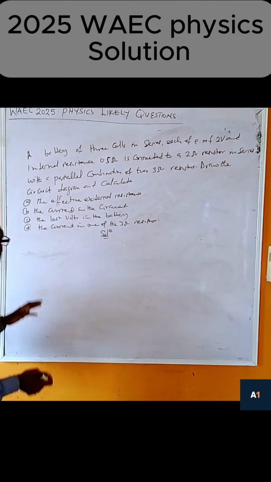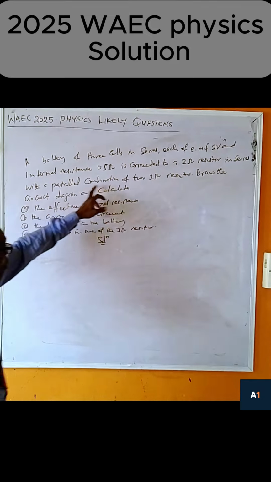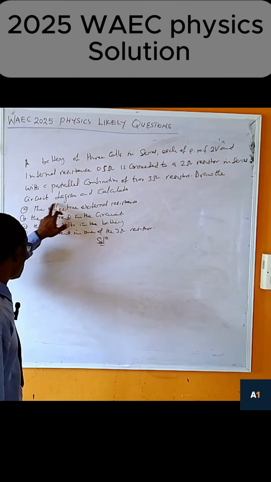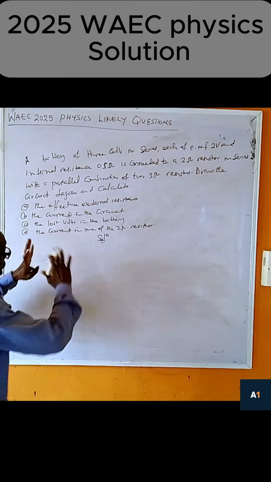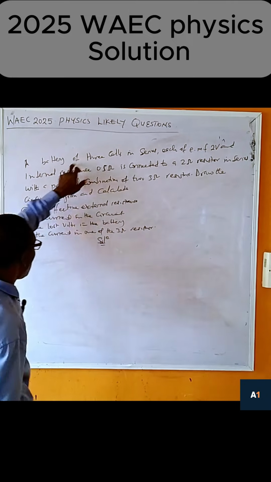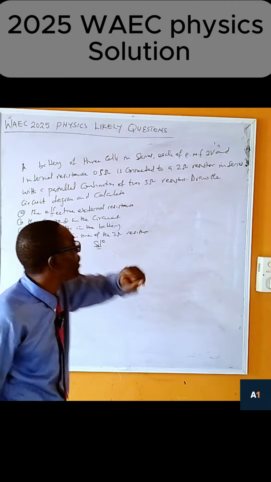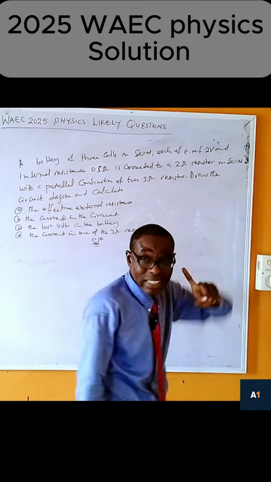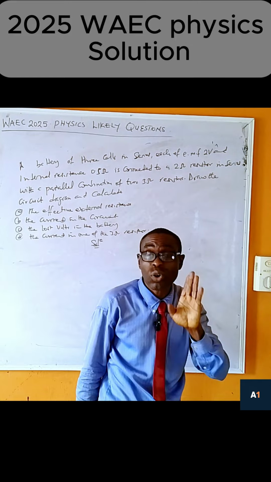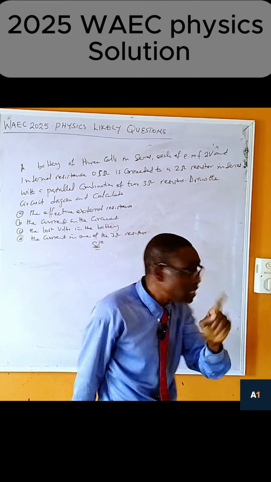Now, the first one, we are asked to draw the circuit diagram, which I've already explained how to draw. So let's interpret it together. A battery of 3 cells means it contains 3 cells in series, each of EMF 2 volts, that is 3 times 2, making 6 volts.